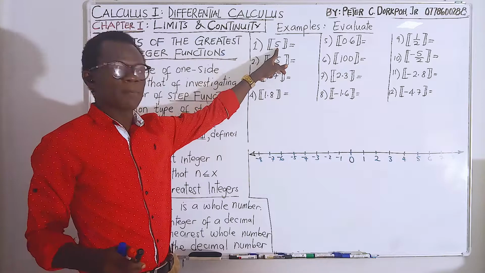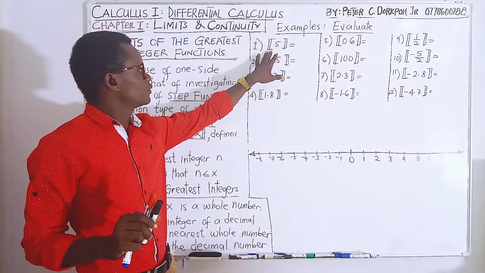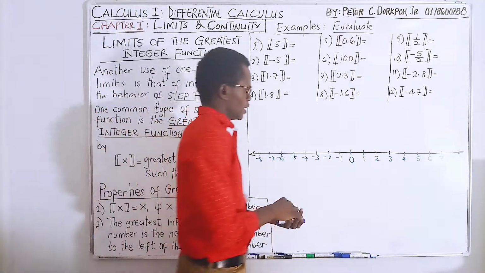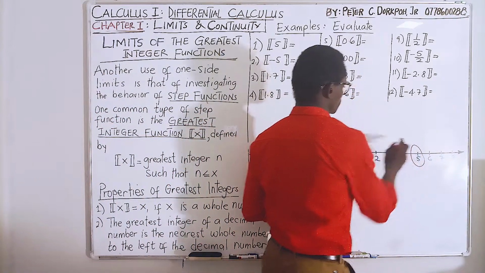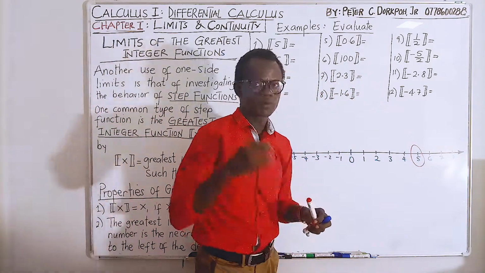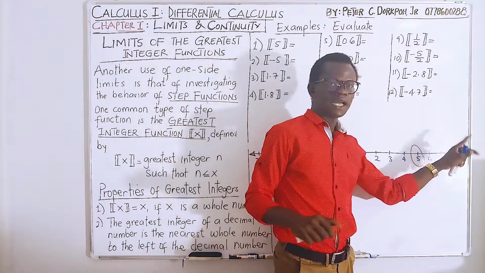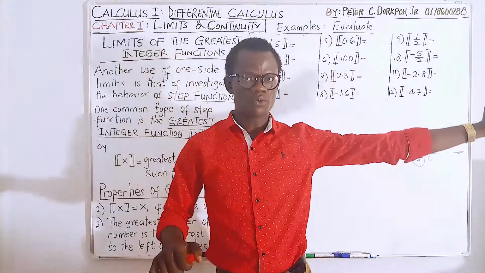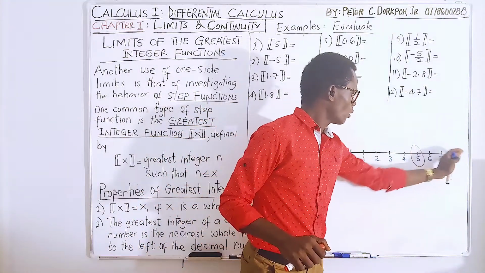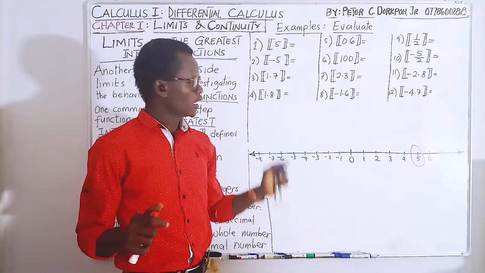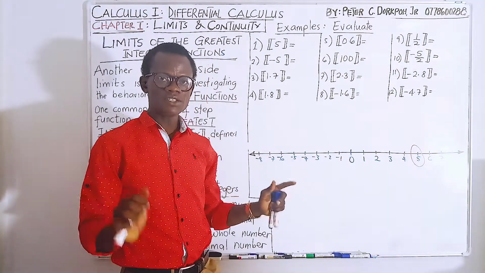Since 5 is a positive whole number, the greatest integer of 5 is just equal to 5. But why? This is 5, right? Now, identify some numbers greater than 5: 6, 7, 8, 9, 10 in the right direction. All those numbers are greater than 5, and all of them are also integers.